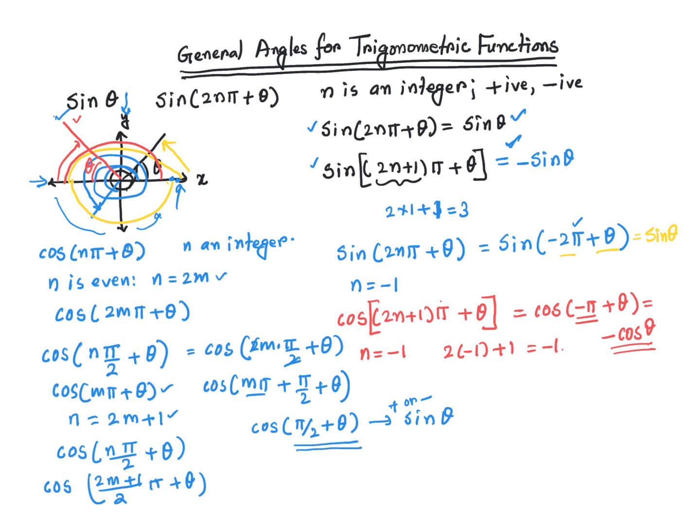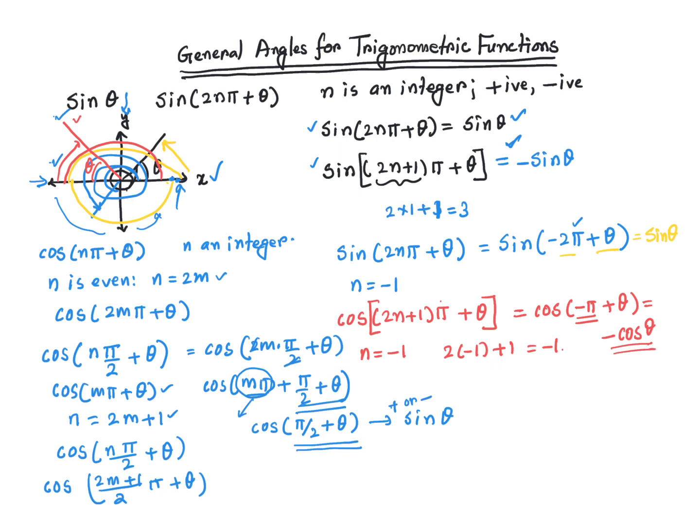If you land in the second quadrant, cosine is going to be negative, right? If you land in the third quadrant, it's going to be negative. If you land in the fourth quadrant or the first quadrant, it is going to be positive. So you just have to do the ultimate calculation of where the theta lands. Of course, we did simplify this first, okay? It could either land you along the x-axis in the positive direction or along the x-axis in the negative direction. And then you have to take this into consideration and figure out where it will be.